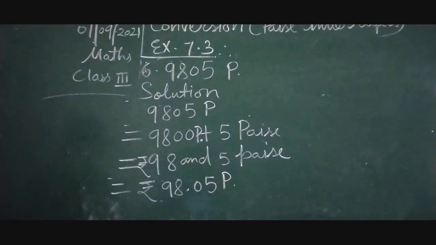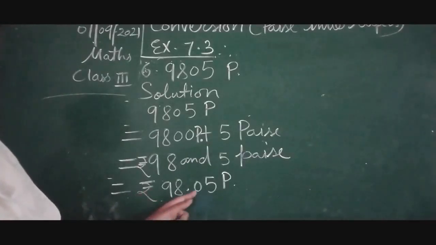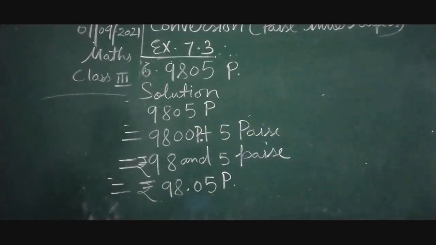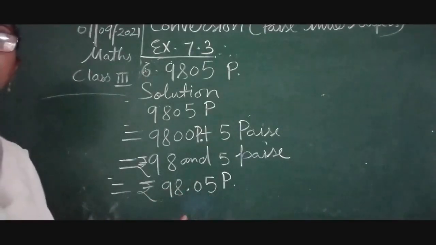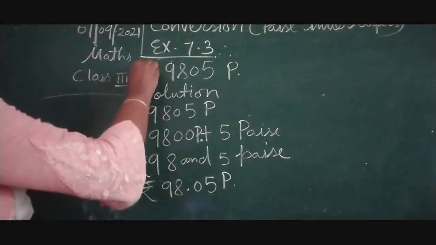So that is how we will do 9805 paise. It means 98 rupees and 5 paise. You just write it down. Okay, rupees 98 and 5 paisa. This number 6 we have completed.